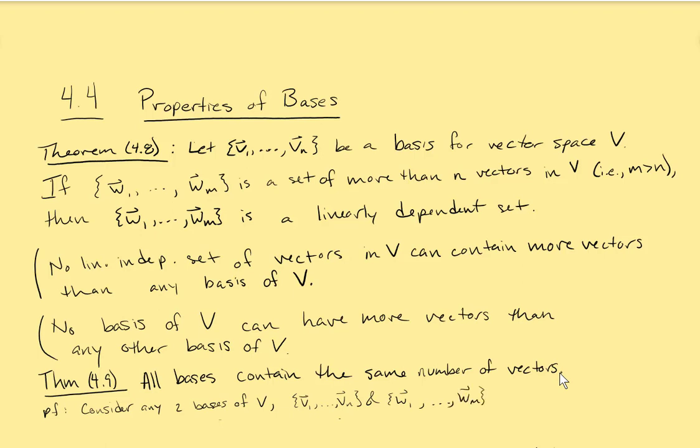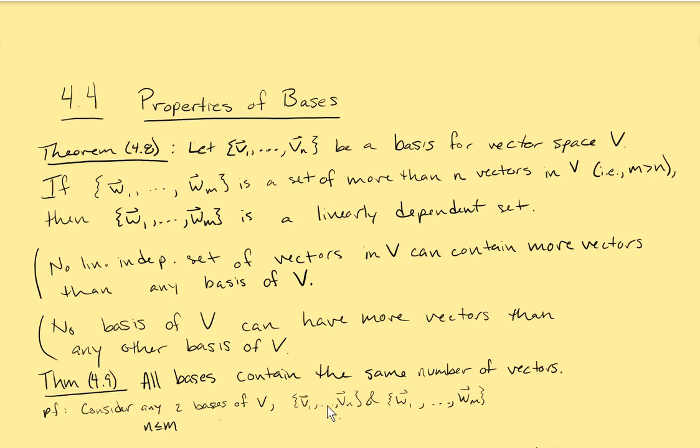Then by the facts we established up here, no basis of V can have more vectors than any other basis of V. We have two bases, one with n vectors, one with m vectors. Right away we get that n can't be bigger than m. So we get the mathematical statement that n must be less than or equal to m.